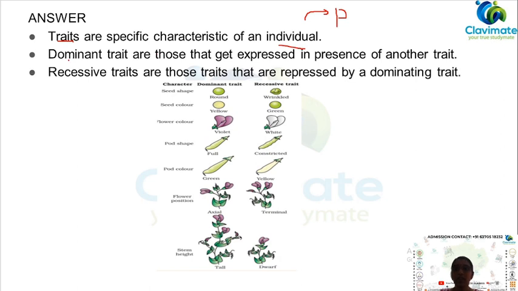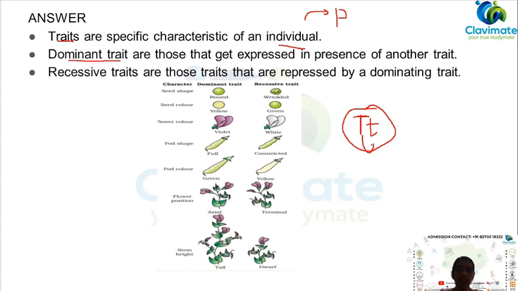The dominant traits are those that get expressed in the presence of another trait. For example, we get tall and then dwarf. If these both are together in the chromosome or in a plant, the dominant gene gets expressed and it will suppress the recessive gene.